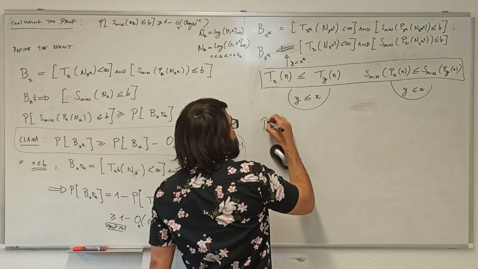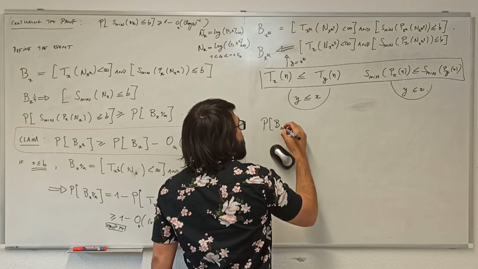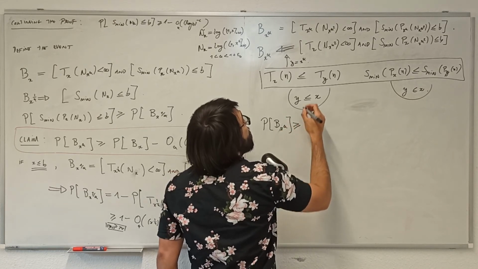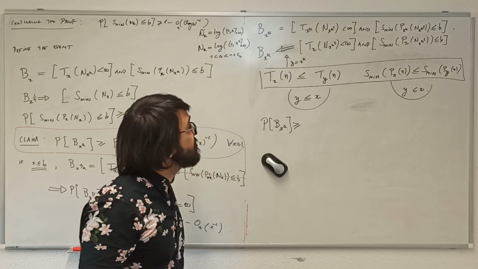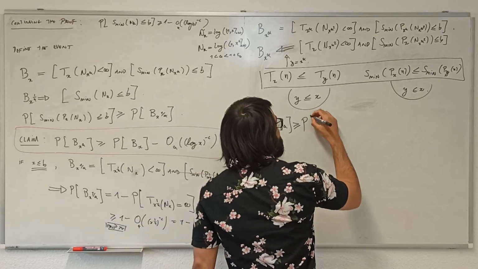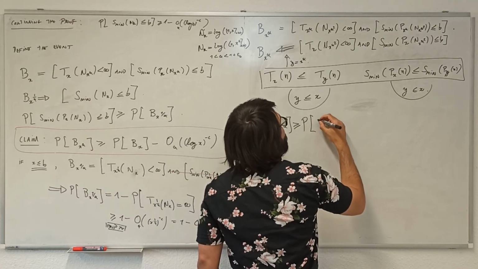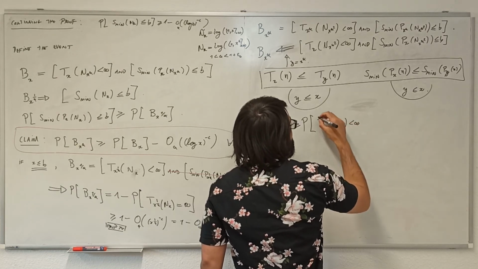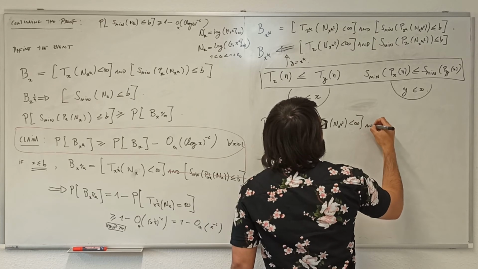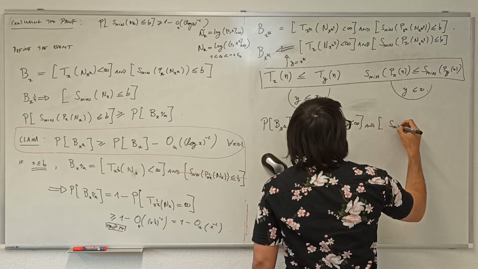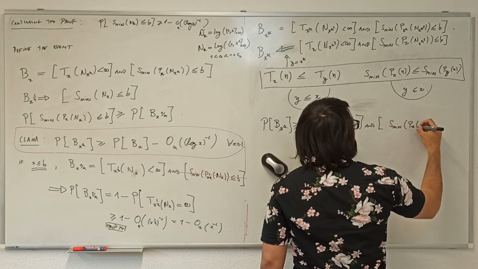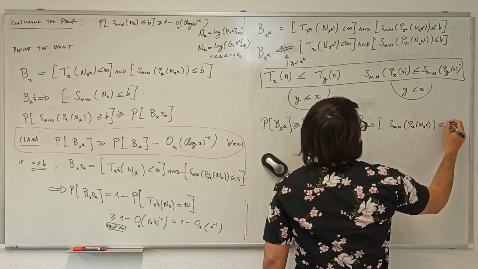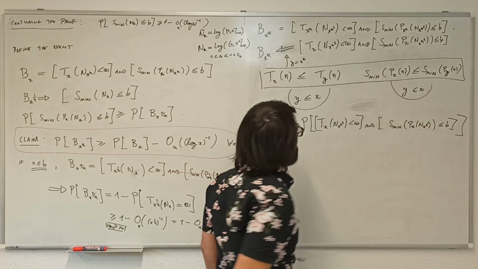So therefore, the probability of p of x to the alpha is greater or equal than the probability of this event, of tx of nx to the alpha squared less than infinity and S min of px of nx to the alpha squared less or equal than b. Okay.